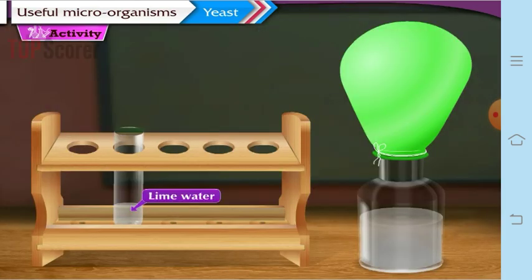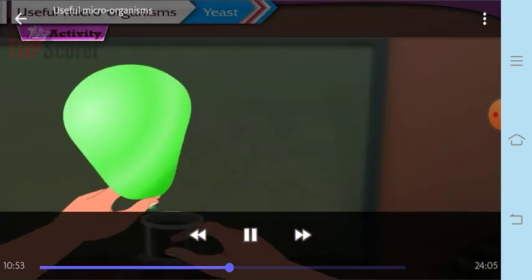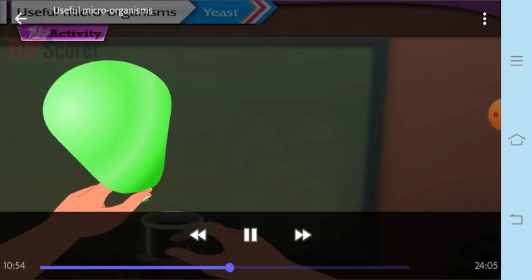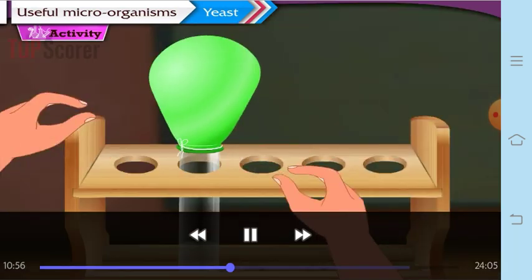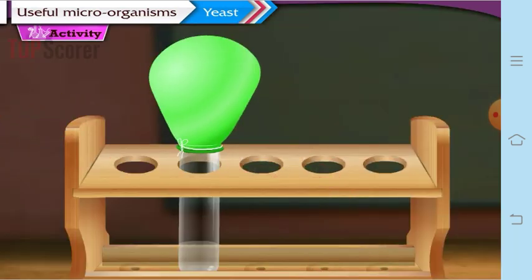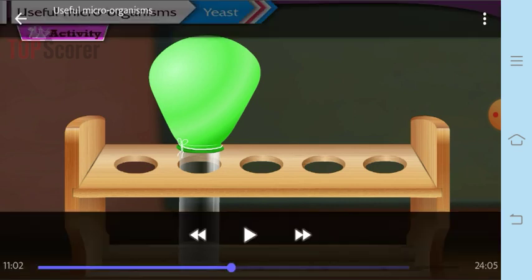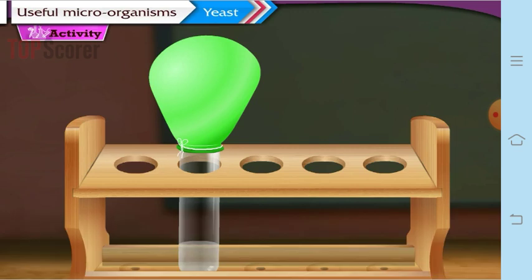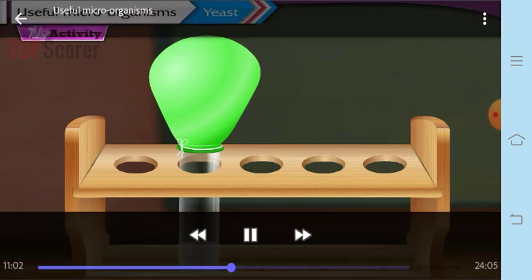We'll take a small test tube and put lime water in it. I hope you know about lime water, where it is used and what it is used for. Now we are going to fit the balloon to this test tube and tilt the test tube so that the gas inside the balloon comes in contact with the lime water.